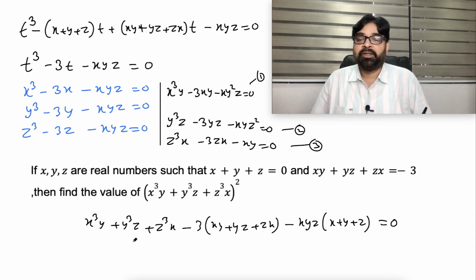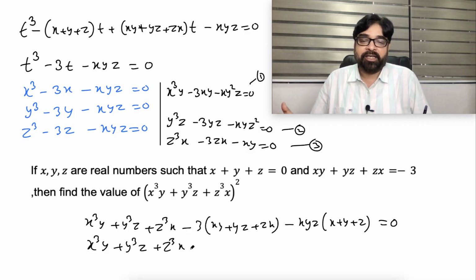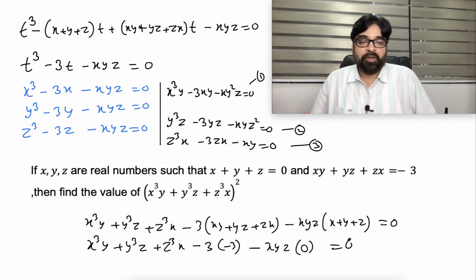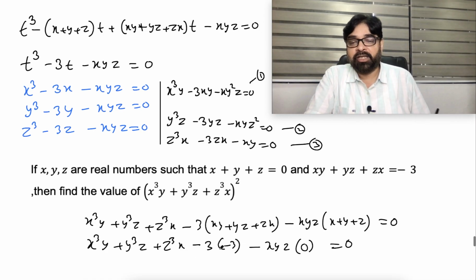Question finished. So x cube y plus y cube z plus z cube x minus 3 into this value, which is already minus 3, minus xyz into 0 equal to 0. So this has become 0 and this goes to the other side.